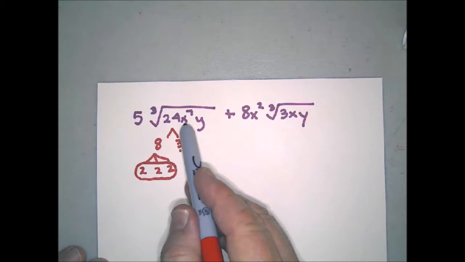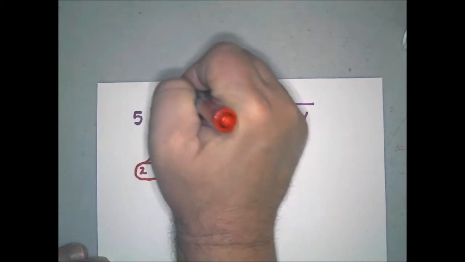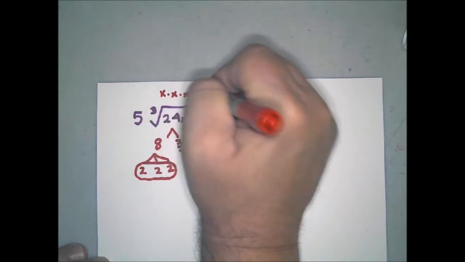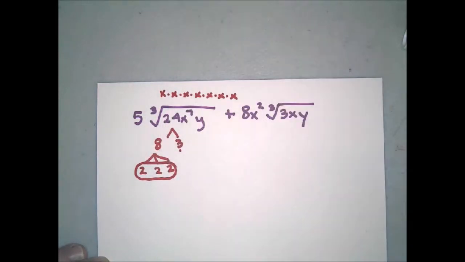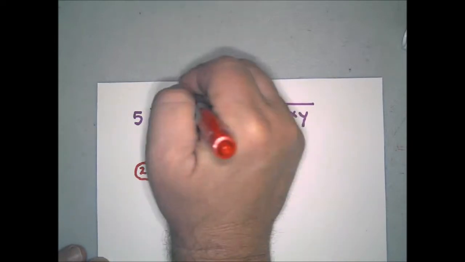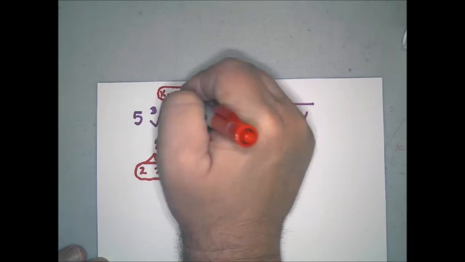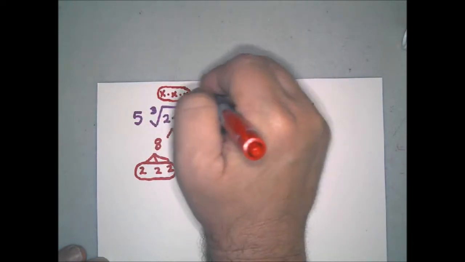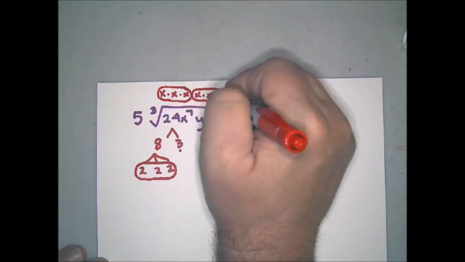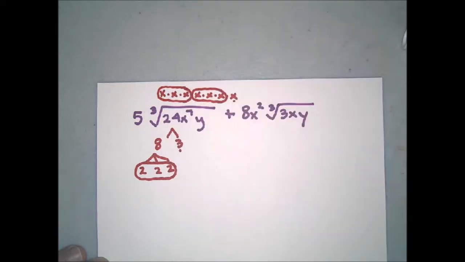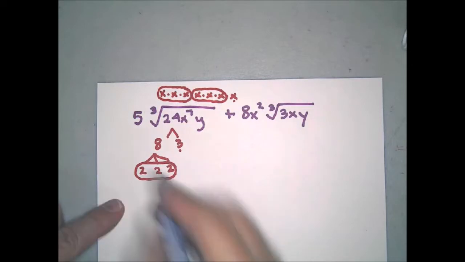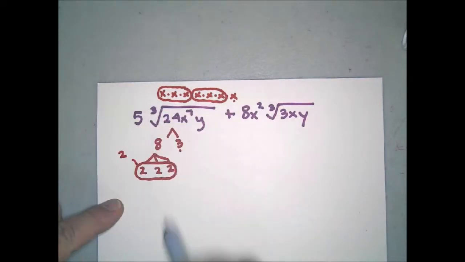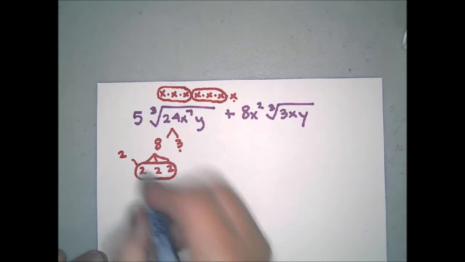Now what about the x to the 7th? Remember, x to the 7th would be 1, 2, 3, 4, 5, 6, 7. Now, since we're in cube roots, we're looking for groups of 3. So there's one of them. There's a group of 3. Here's another group of 3 with an x that doesn't come out. So a 2 came out, and it joins the 5.